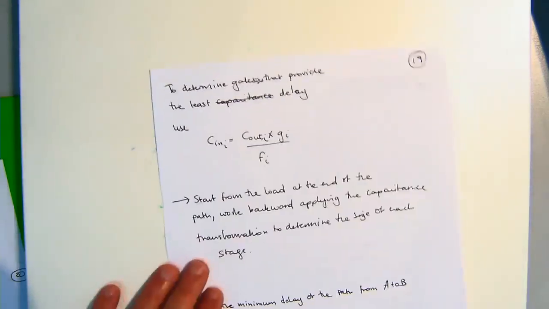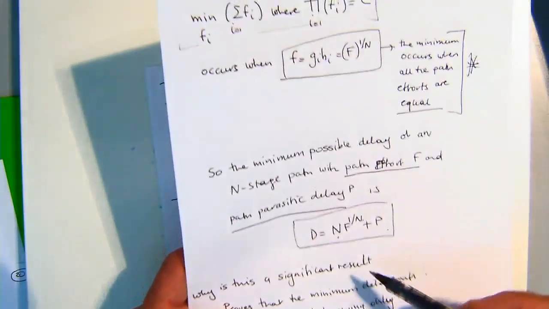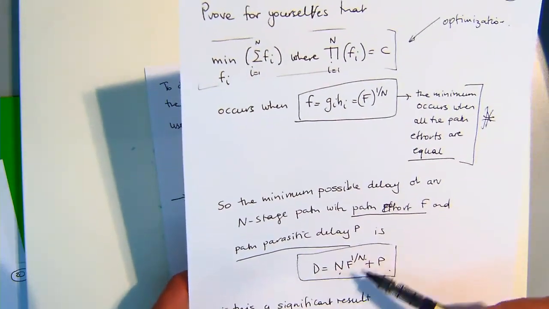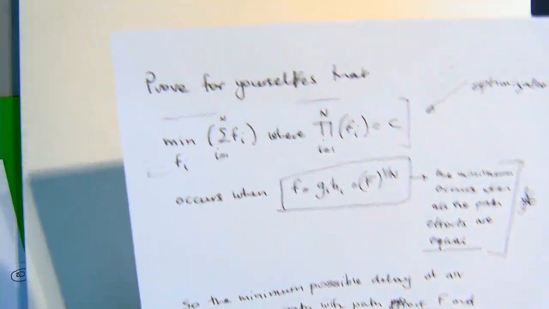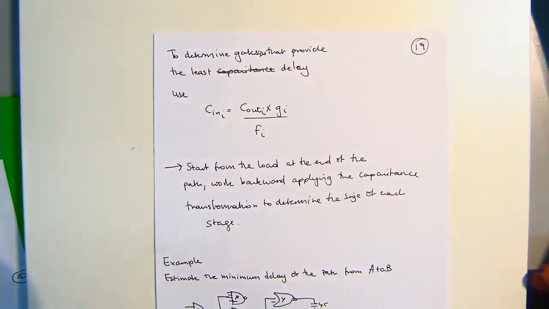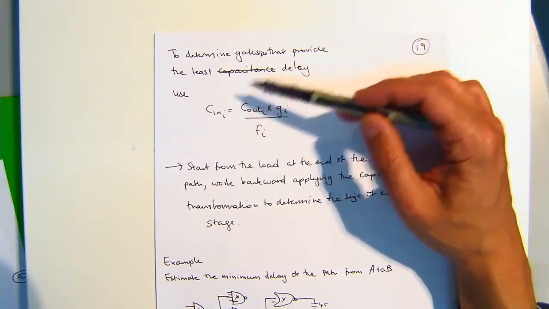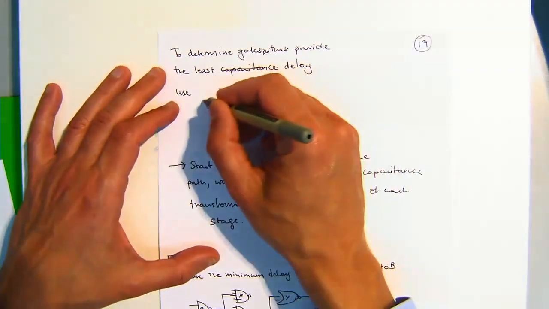Okay, let's continue. If you had worked out what the logical effort or the path effort is for each of the components, you can then use this to do the sizing of your gates.